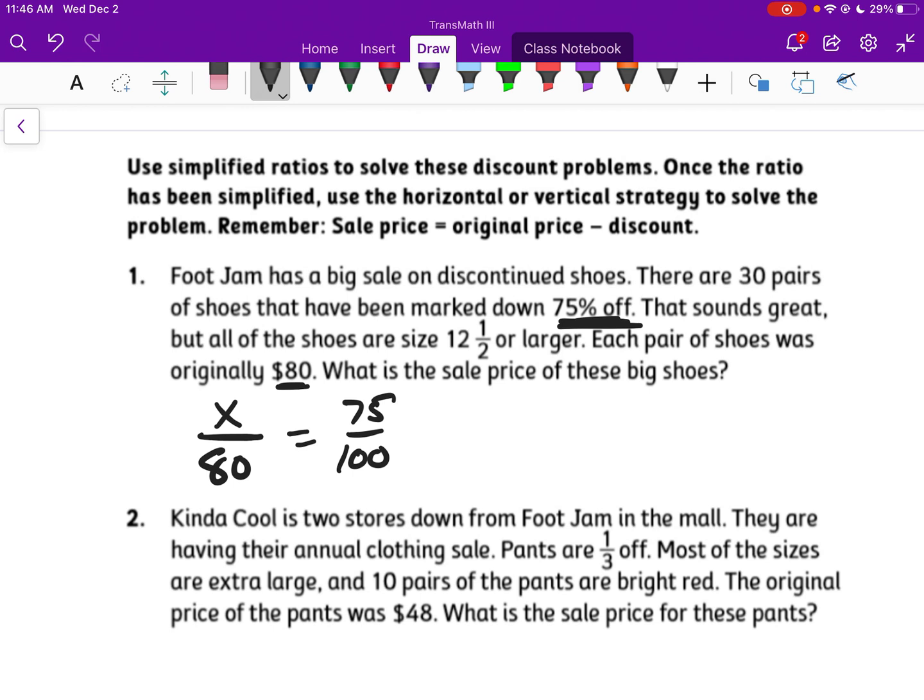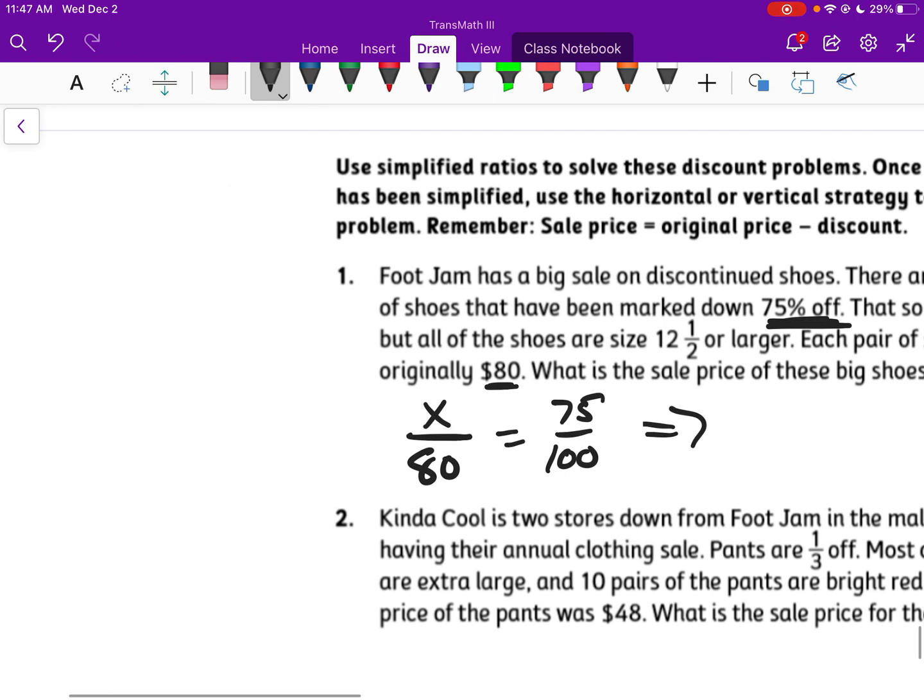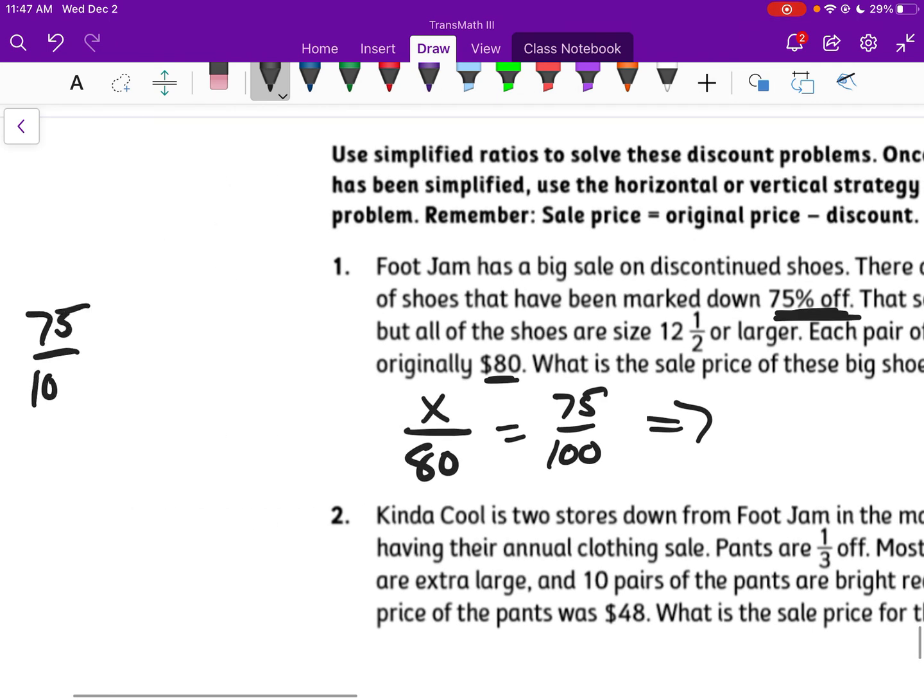Sometimes we get situations where the horizontal or vertical does not work. Well, it does, but it's going to be a lot harder. Instead, we need to simplify that fraction, 75 over 100. What number goes into both 75 and 100? 25 does.